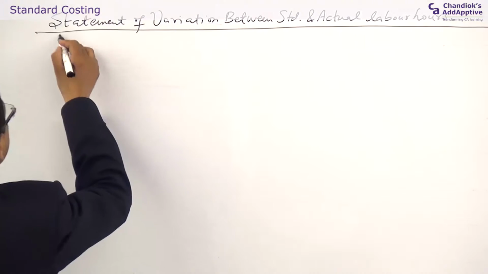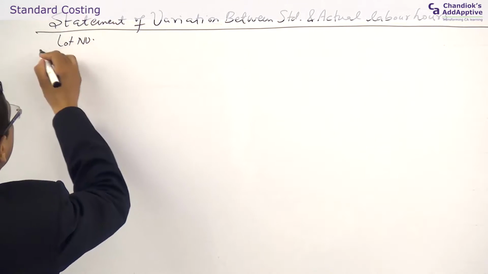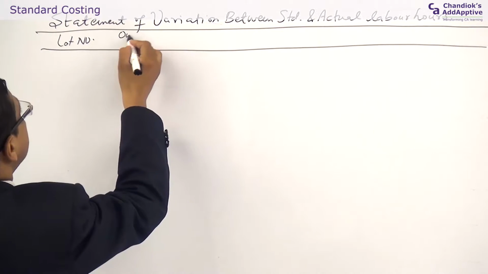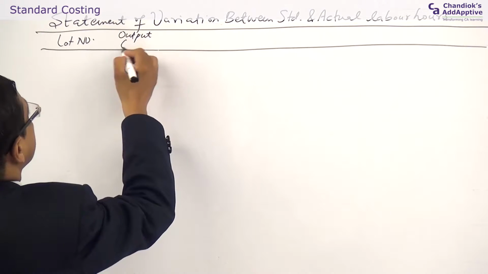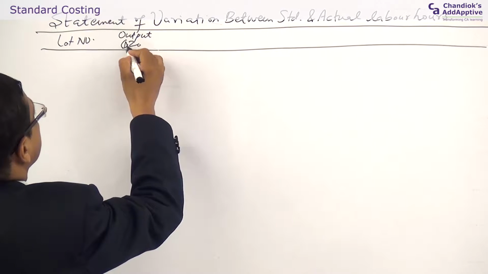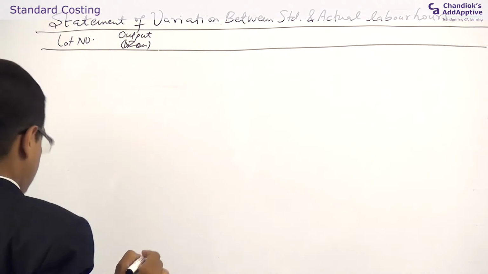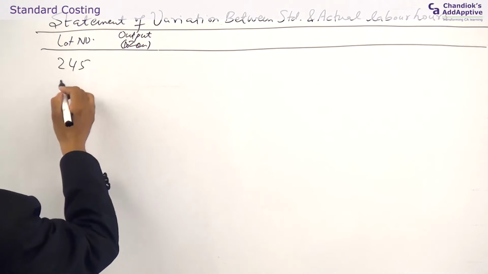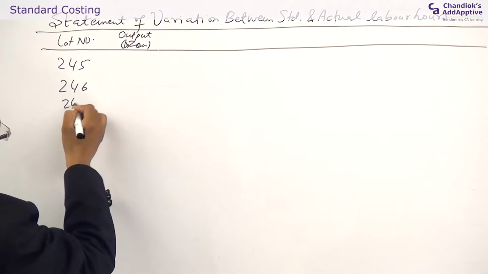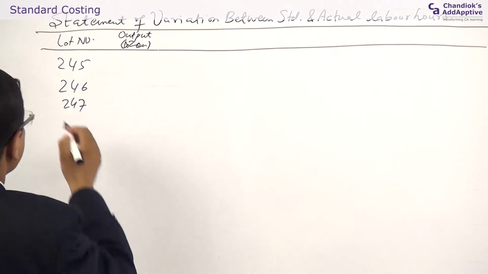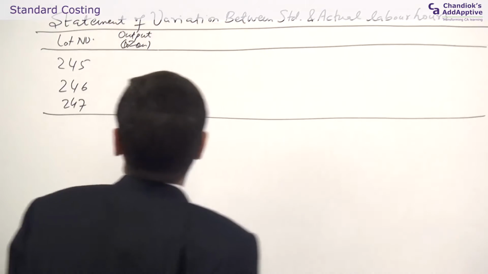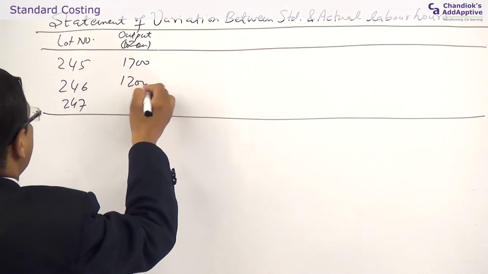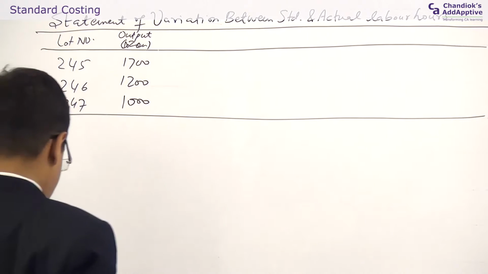Right? So, you have lot number, output in dozen. So, let us start. What are the lot numbers? 245, 246, 247, right? Output is same: 1700, 1200, 1000.